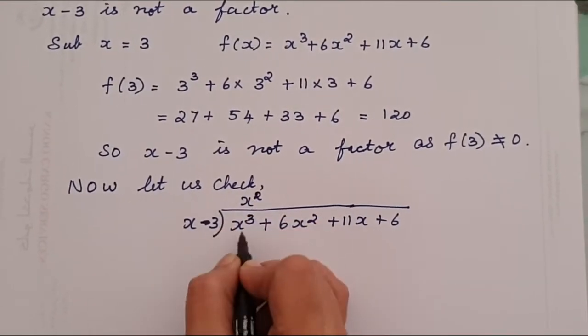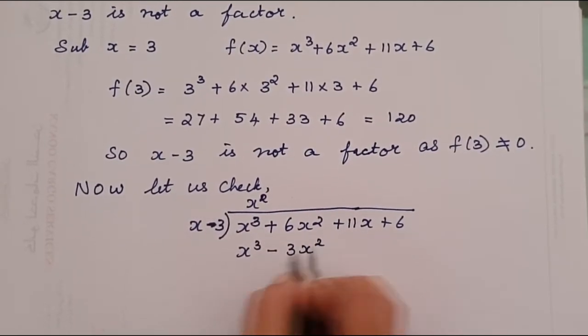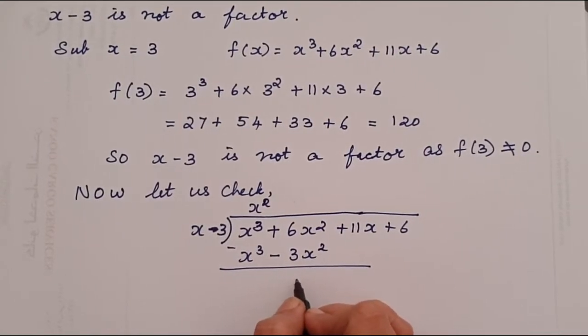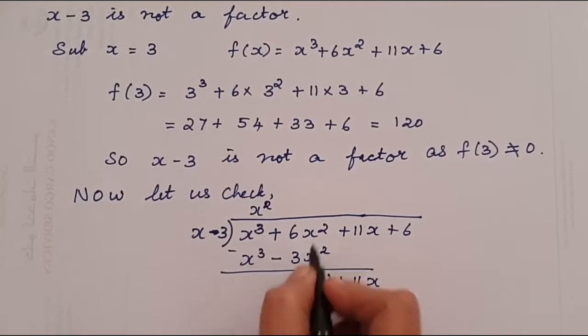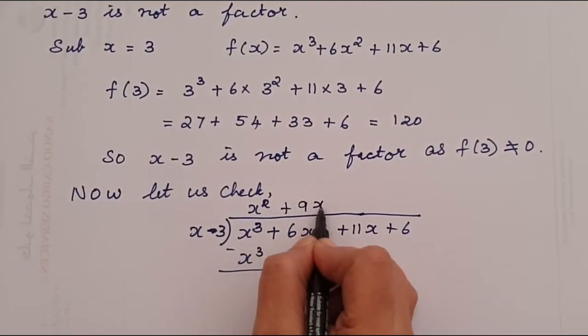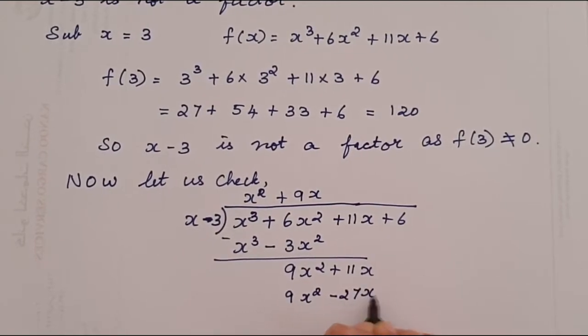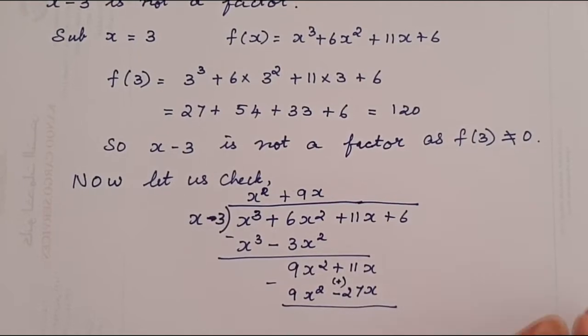So we write x cube minus 3x squared. Again subtracting it, it gives us 9x square plus 11x. Now multiply it with 9x. So 9x square minus 27x. When you subtract it, it goes as addition over here.